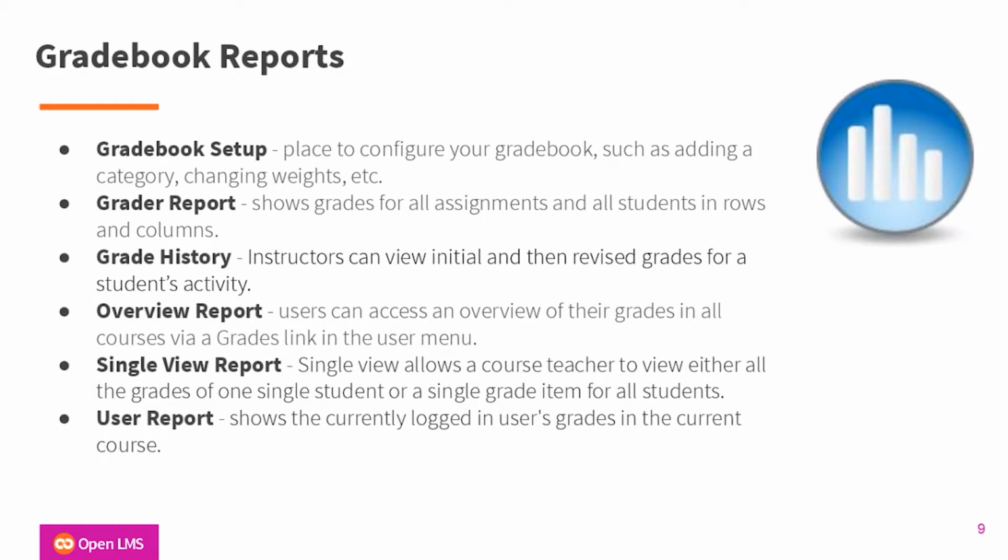The grade history report is a great report from a troubleshooting perspective to say who exactly did change that grade. You can always assume that it might have been the other instructor in that course, but if you don't look at that grade history report, you might not have the specific details.